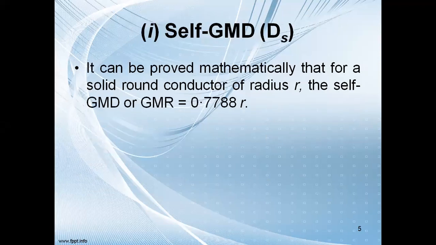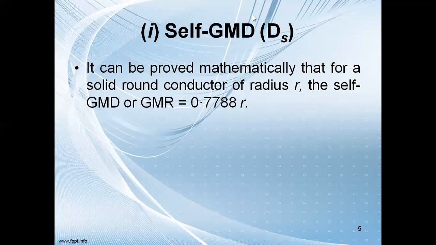Now we have seen in the derivation of the inductance of a single phase line, can you remember that thing where we have taken R dash equal to 0.7788 R? We did that particular thing.